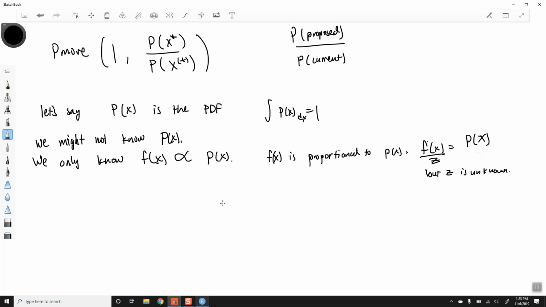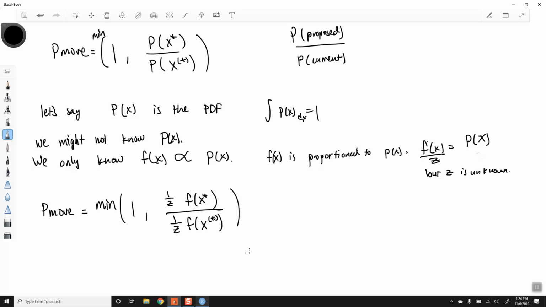So p move is the min of 1 and 1 over z times f of x star, divided by 1 over z times f of x current. Because we're calculating this ratio, these unknown constants just cancel out.